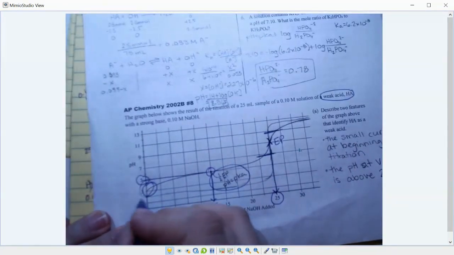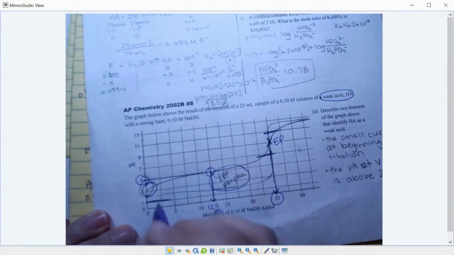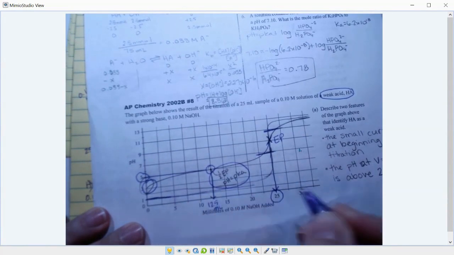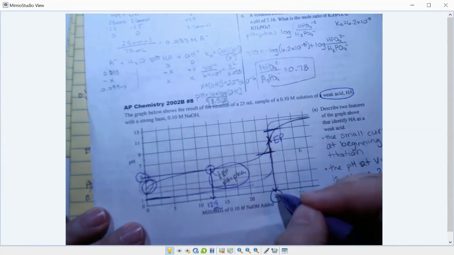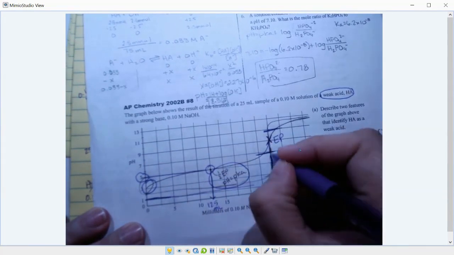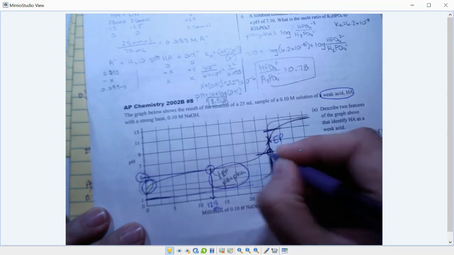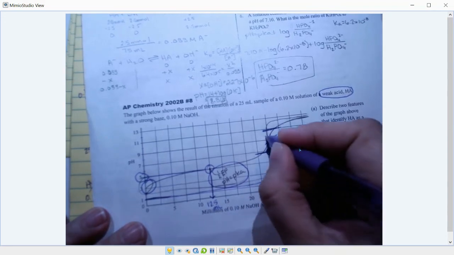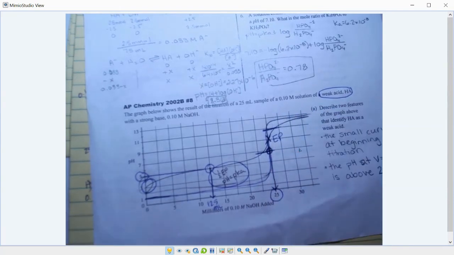I did a bad job of it here, but it starts down here where the pH is 1. The equivalence point still happens at 25 milliliters, but it occurs at pH 7. So I shoot that on up, and it levels off somewhere up there around 13. So that's what they were asking.